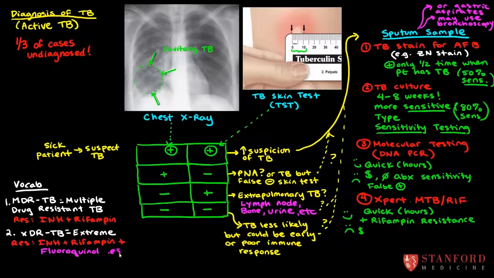So these XDR-TB are resistant to all of those, and they're resistant to at least one of the following 3 antibiotics that I'm going to mention. One antibiotic is amikacin. Another antibiotic is kanamycin. Both amikacin and kanamycin are so-called aminoglycosides.